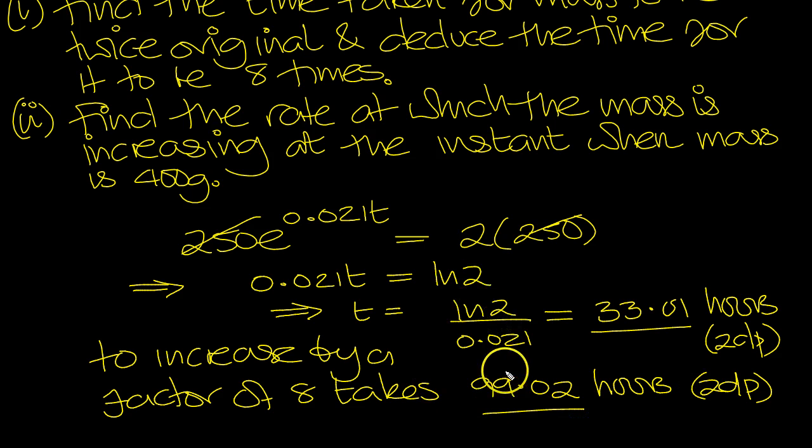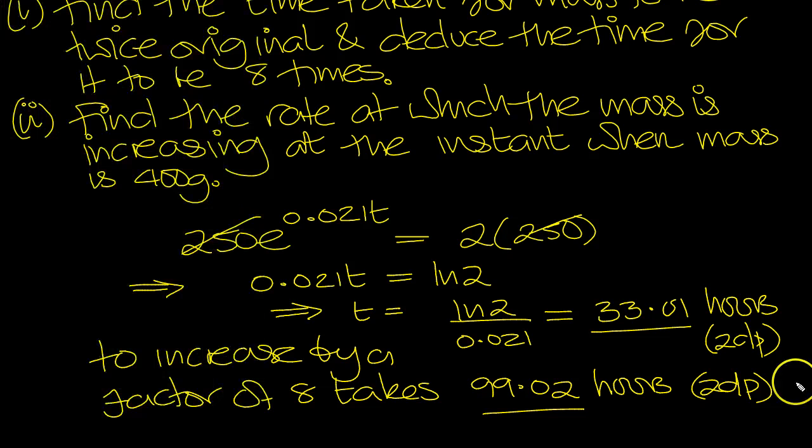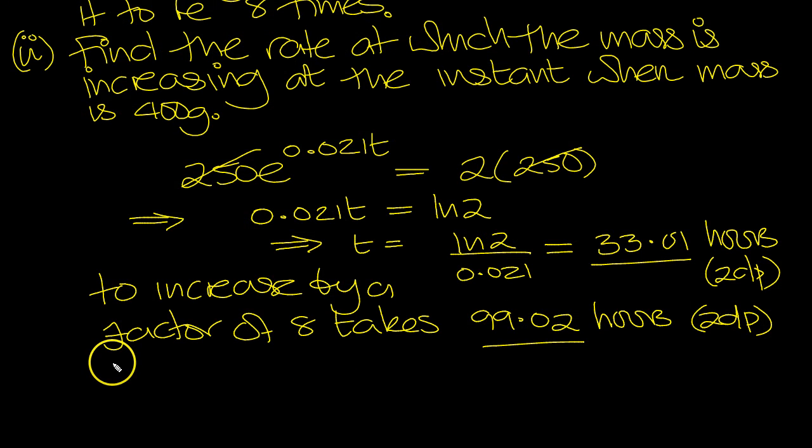And we could try log 8 over 0.021 to just check it. Log 8 divided by 0.021, which it will be, because that's 3 log 2. There it is. Okay, that's fine. So we deduce that. That's part 1.